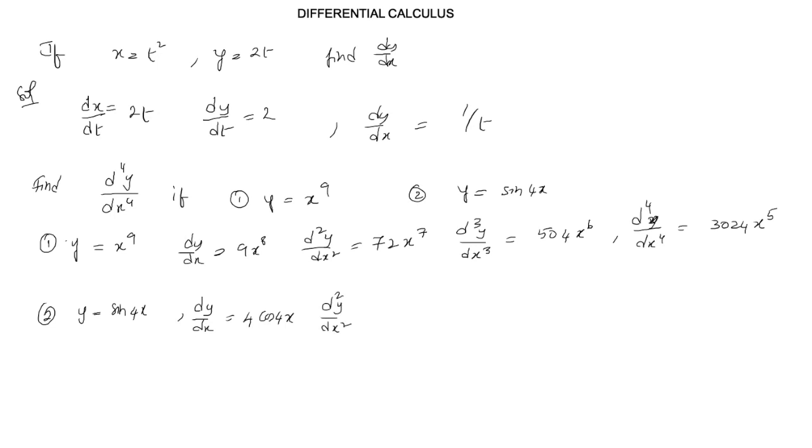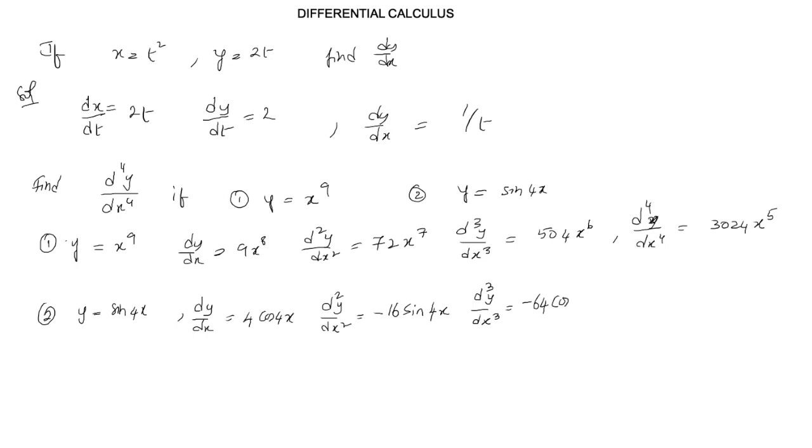Let us look at another problem, when y is sine 4x. Again dy by dx is 4 cos 4x, and d square y by dx square is 4 multiplied by 4, so minus 16 sine 4x.